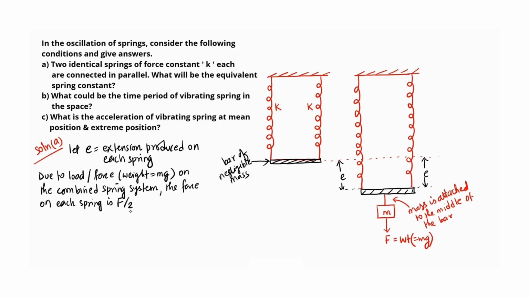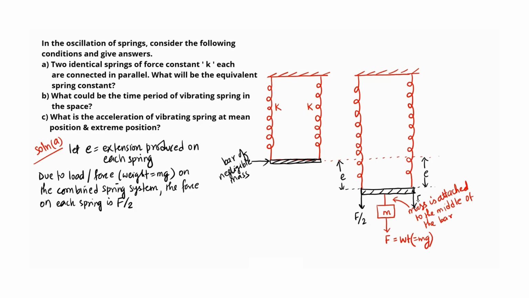So what we find in this case is that force on each spring is half of the load. Clear? Or we can write in this way, force on each spring is F by 2.